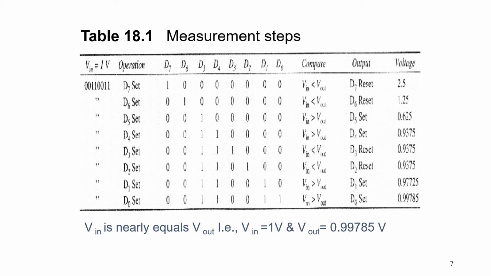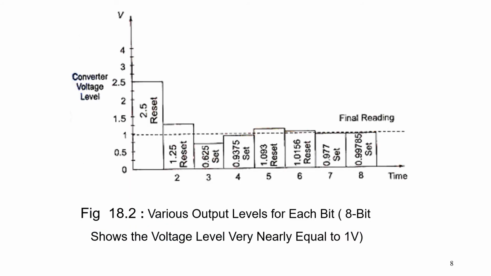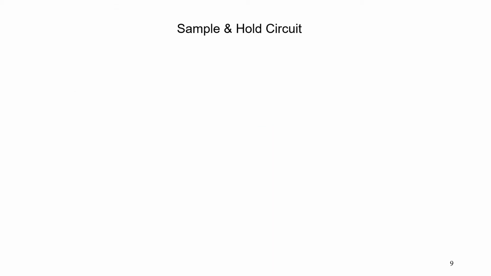All these operations, the comparison of the input voltage with the successive approximation register, are completed within no time. So these are the various output levels for each bit. So 8-bit shows the voltage level very nearly equal to 1 volt.